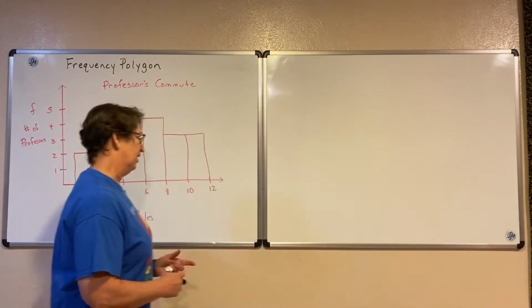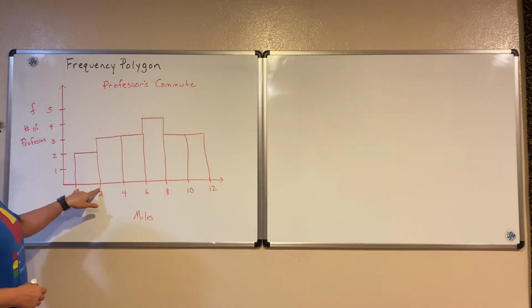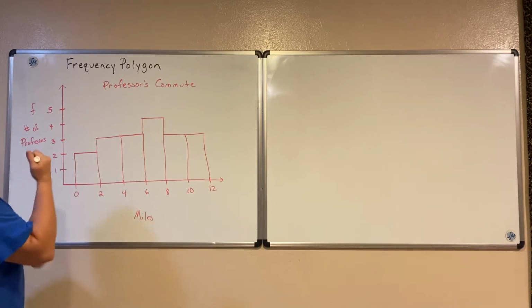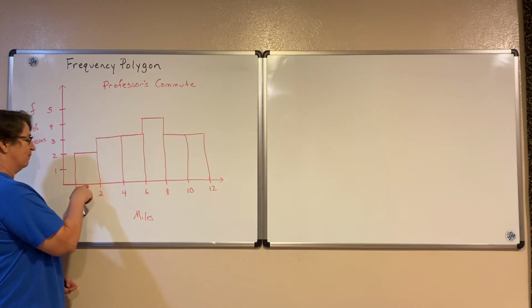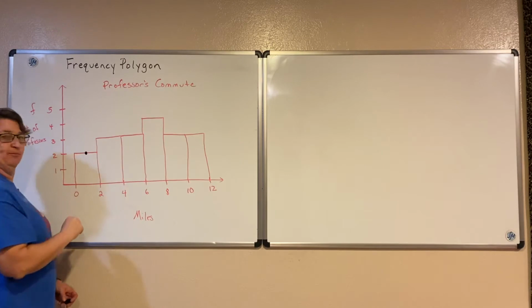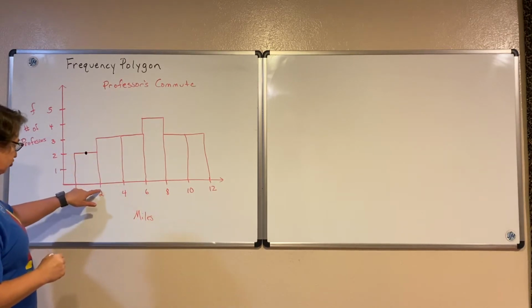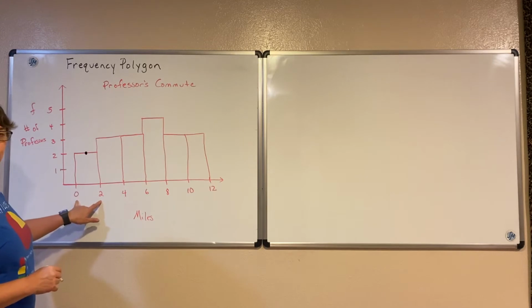Now, a frequency polygon just takes the midpoint, that middle value of our histogram, and instead of drawing the bars, at the midpoint we're going to put a point. So this is right in the middle of this 0 and 2.